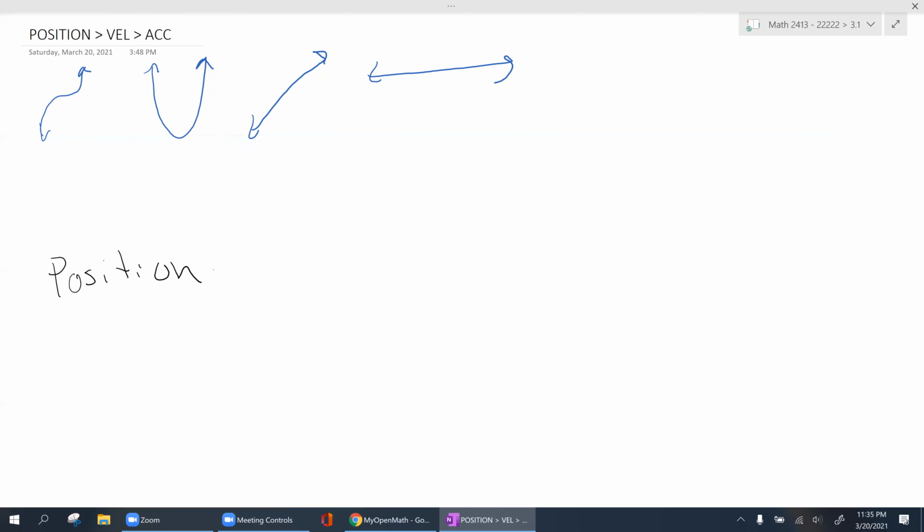You're going to get some physics problems where you're given position, and you can go from position to velocity by taking the derivative. If you derive a position function, it'll give you velocity. If you have that velocity and you derive that again, this would give you acceleration.